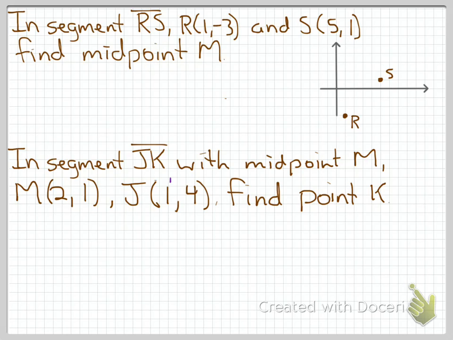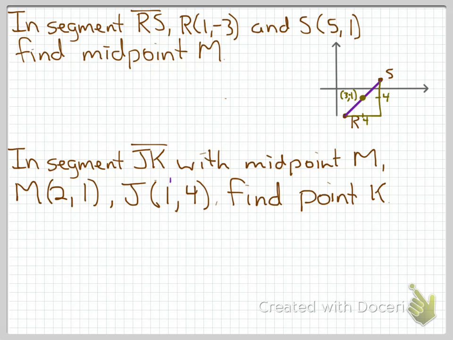Now, if we just kind of cheated here and drew this segment, I would notice that it goes over 4 and then up 4. Now I want the middle of that, so I could almost take half of that, go over 2 and up 2, and I'd be at this point right here, which is 3, negative 1.